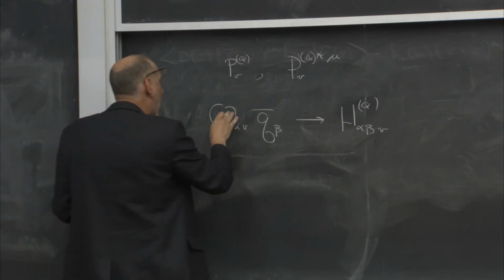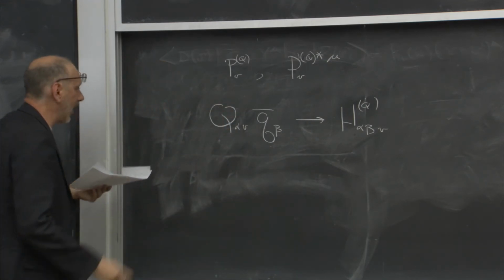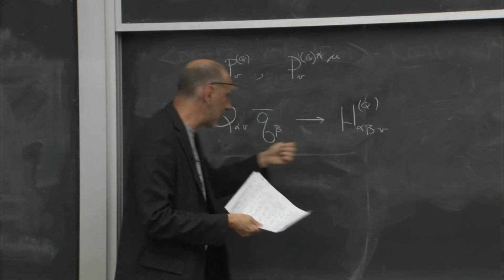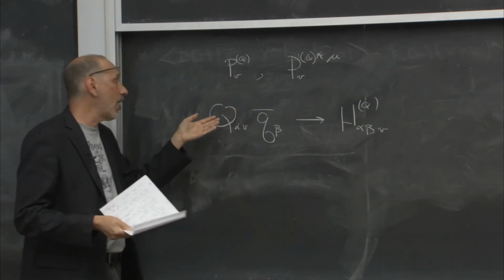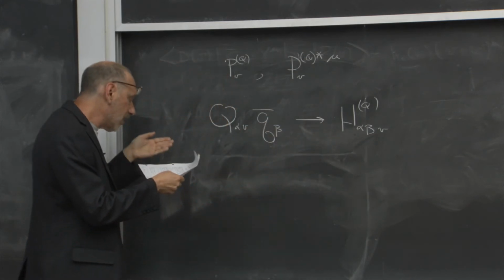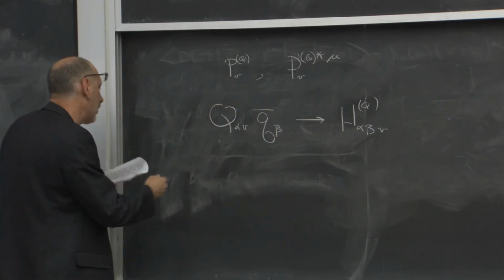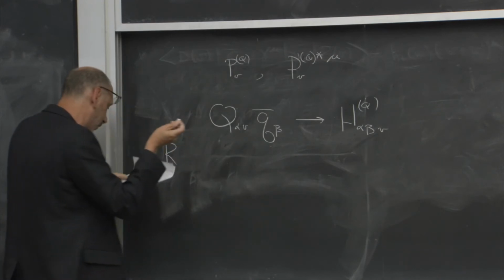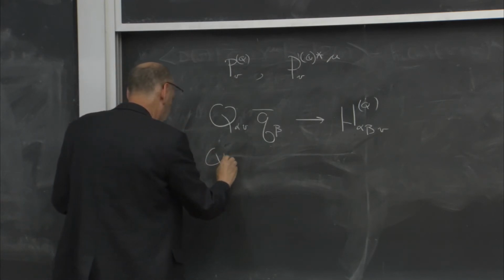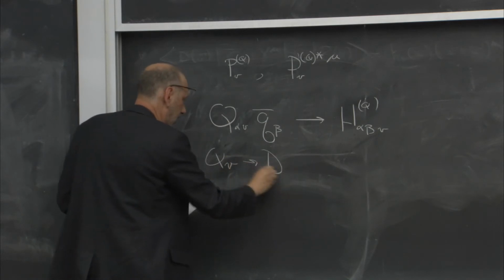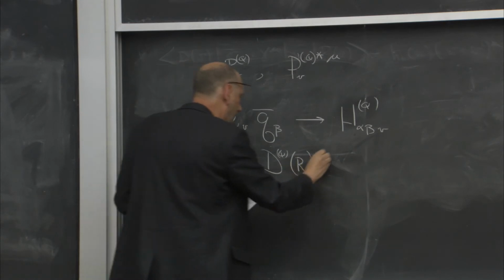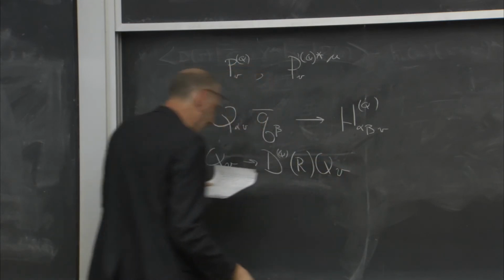The thing is, we know how this transforms under all the relevant things. We know how it transforms under Lorentz transformations. That tells us how this transforms under Lorentz transformations. We know how it transforms under parity. That tells us how this transforms under parity. We know how it transforms under heavy quark spin rotations, for example. A spin rotation R, Q_v would go to the matrix D_Q(R), it's a 4x4 matrix, D_Q(R) times Q_v.